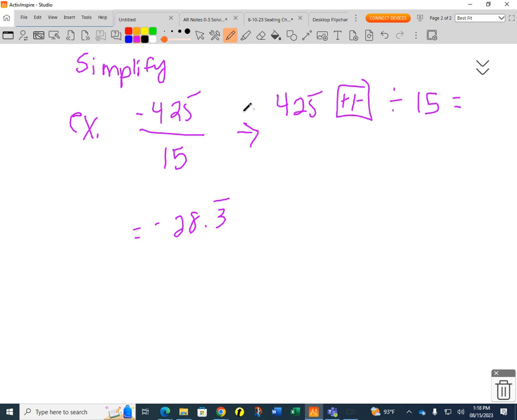But this didn't say to turn it into a decimal, right? So we just want to simplify it. We divide it first. Now we're going to use that beautiful fraction button. So now we're going to hit, try this real quick to make sure I'm saying it right.